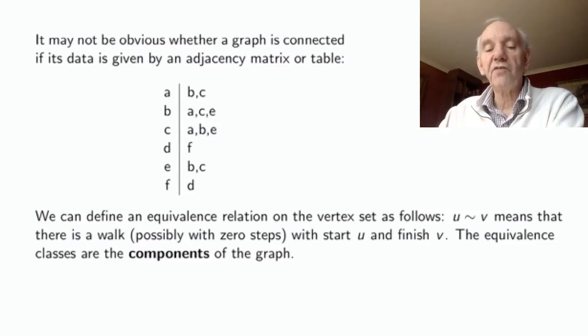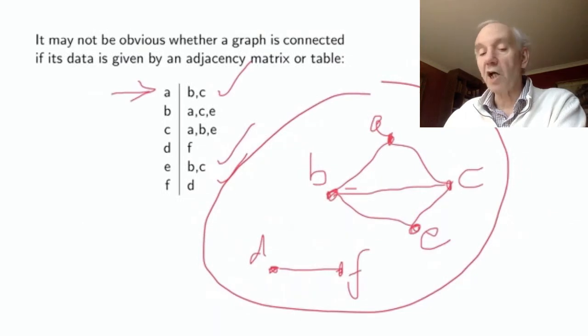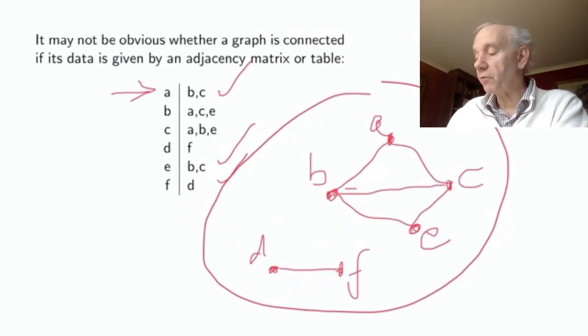I should have said, they define the components of the graph. So in this example, we have two subsets, two equivalence classes, one defined by the four vertices A, B, C, E, and the other subset defined by the vertices D together with F. So we have two equivalence classes, two components.